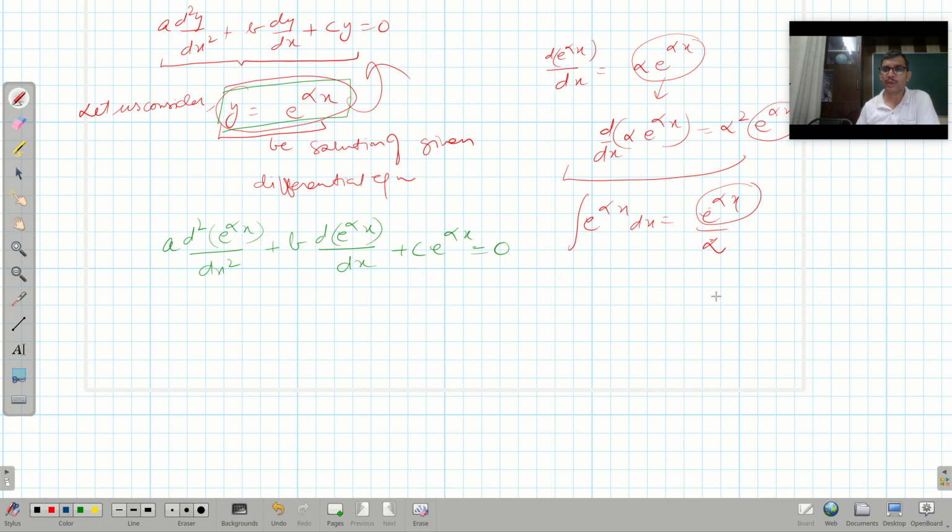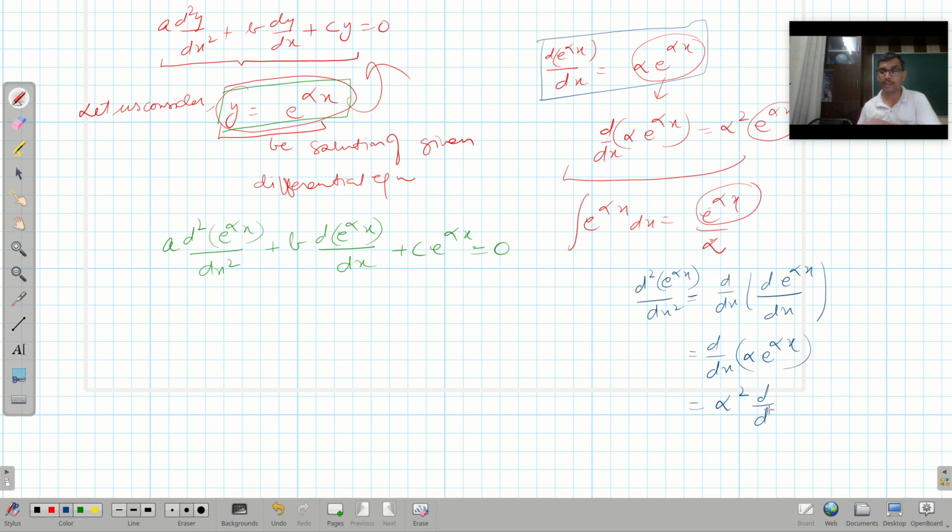I know dy over dx is alpha e raised to power alpha x, and if I take its second order derivative, d upon dx of alpha e raised to power alpha x, alpha can be taken outside, so it is alpha square e raised to power alpha x.